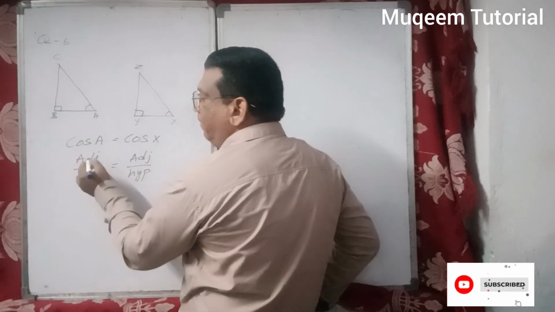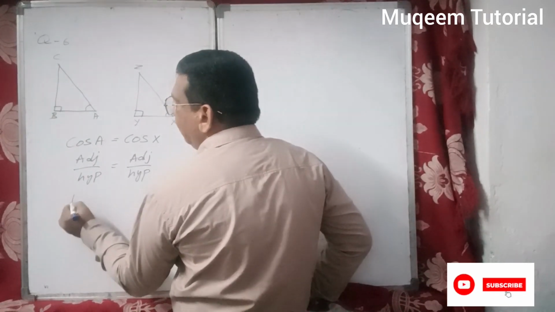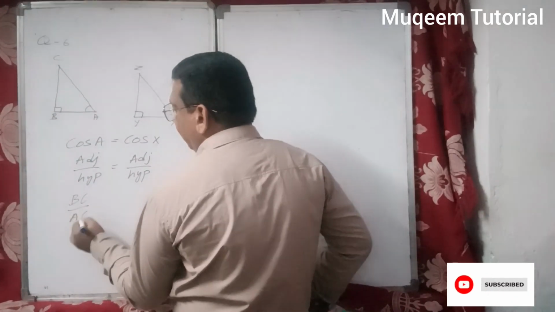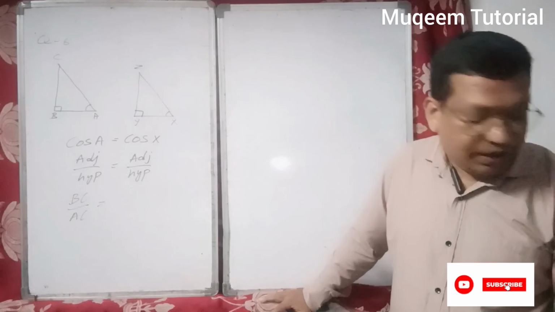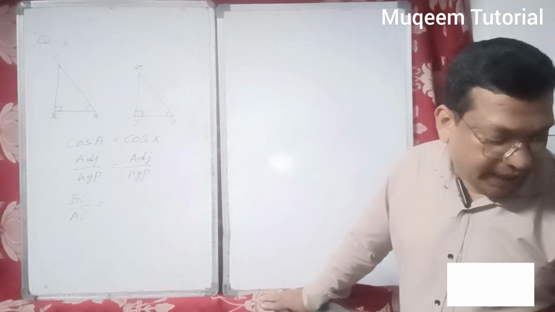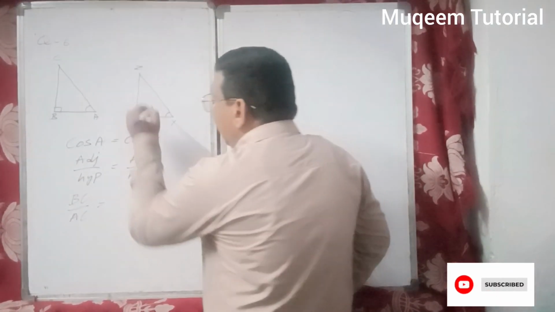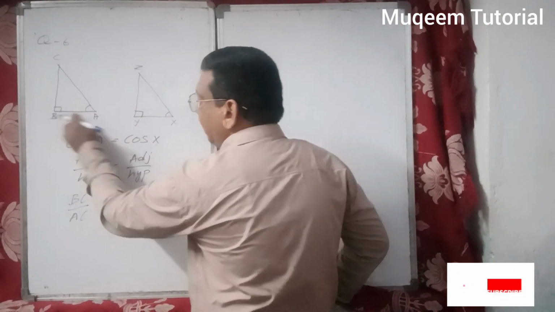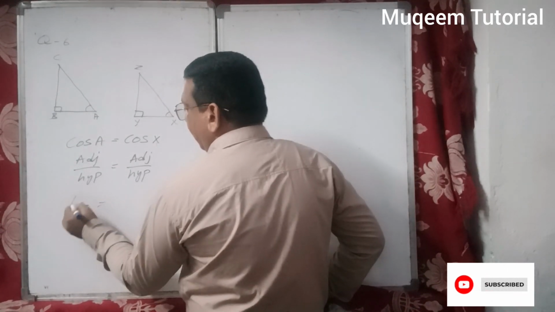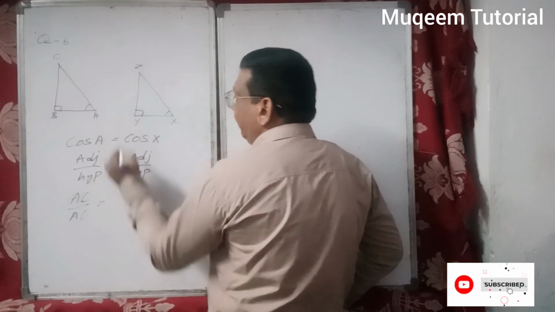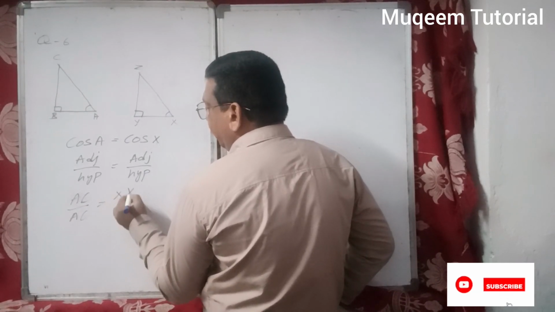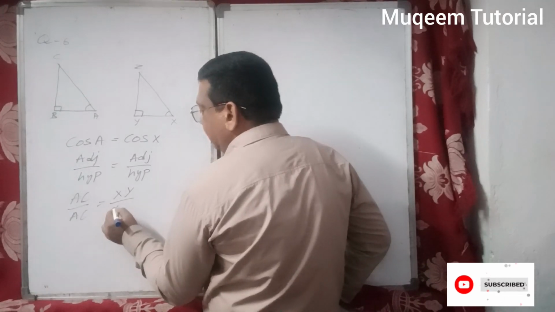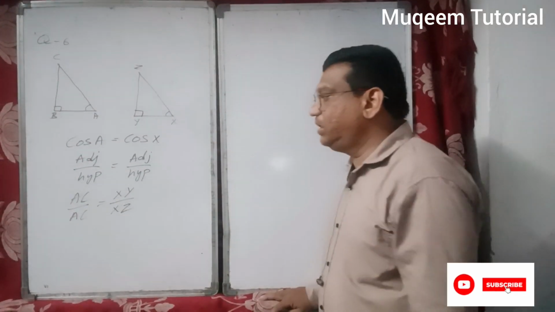When we see adjacent by hypotenuse, the adjacent of angle A is AB and the hypotenuse is AC. And for the other triangle, the adjacent is XY and the hypotenuse is XZ.